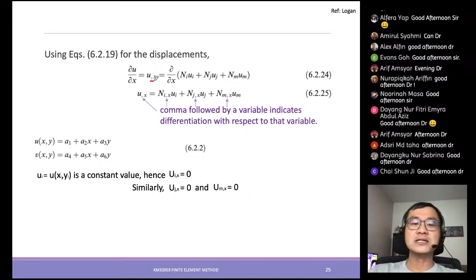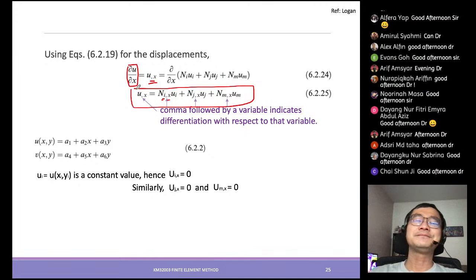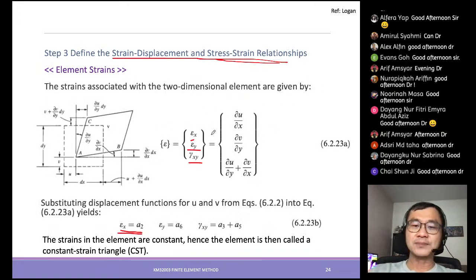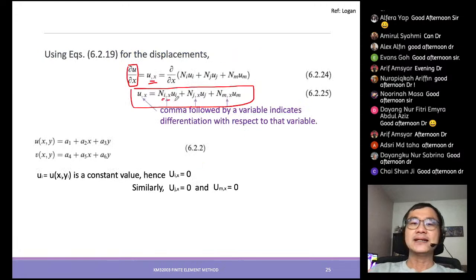When you see comma x, it means differentiate with respect to x; comma y means with respect to y, whereas the front part represents the numbering. So you may express the displacement in the shape function equations, and after you differentiate with respect to x or y to obtain the strain, you come to this particular form.